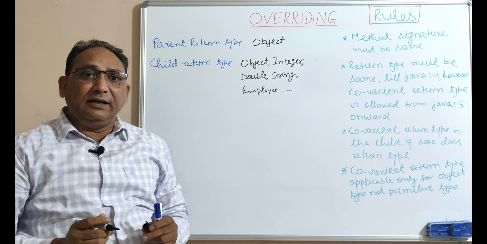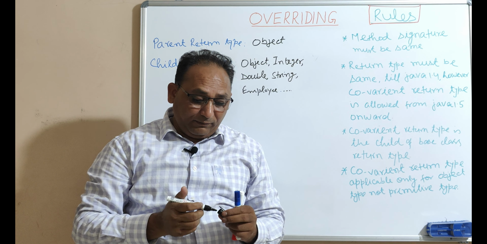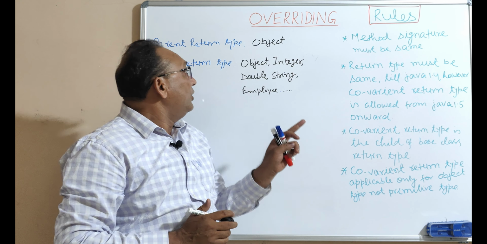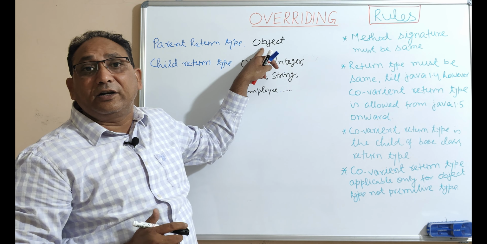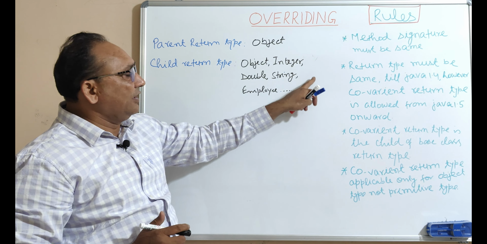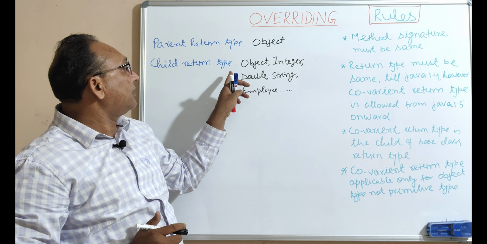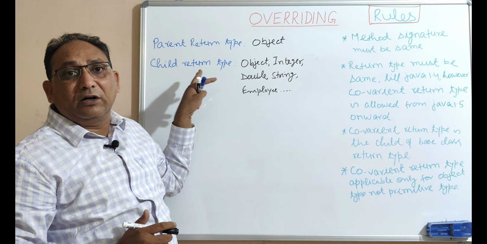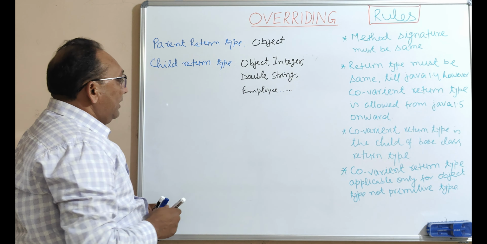Why? Because in Java every class is a child of the Object class. So if my parent is returning object, then the child can return any object. So these are the valid return types for the child, correct.